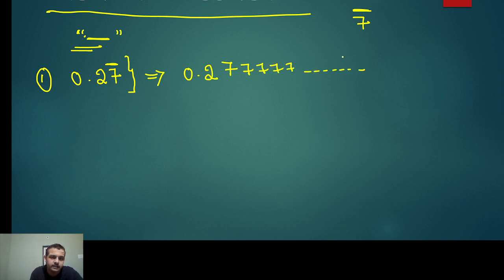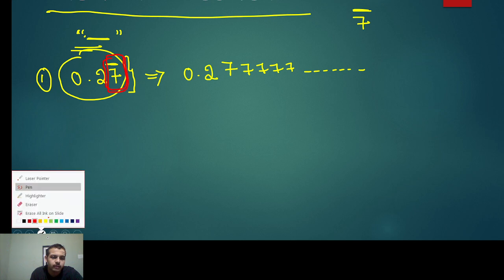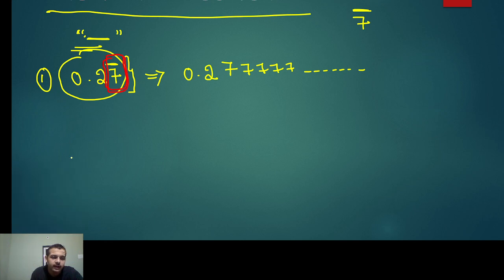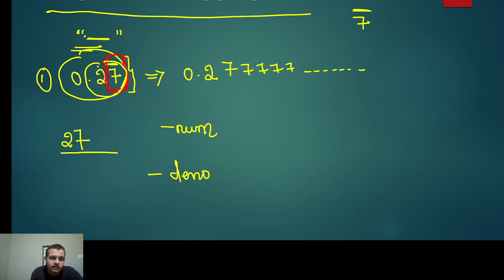When you divide this, we can solve it. There is a bar above only one digit, so we can write numerator and denominator. In the numerator take the number 27, minus the number which doesn't have the bar, which is 2.